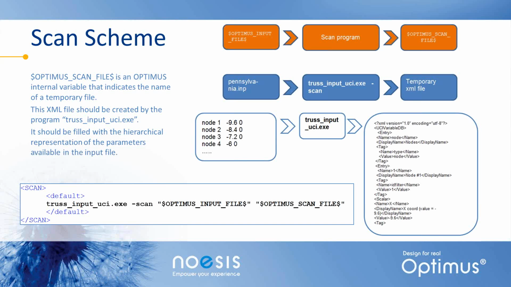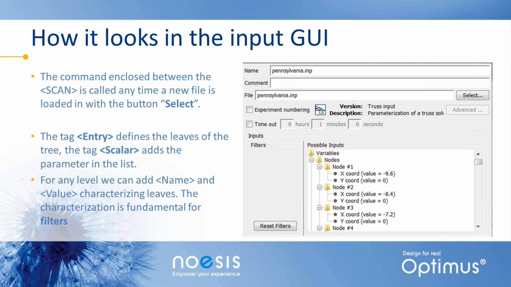This file is an XML file just listing, as you may see, the nodes, the name, and the values. So what you see in the graphical user interface will be something like that. The scan is called anytime you click on the button select and you pick up the file.